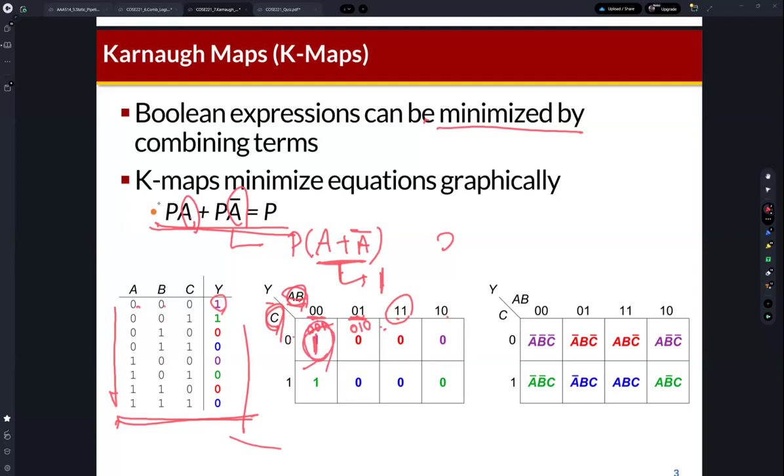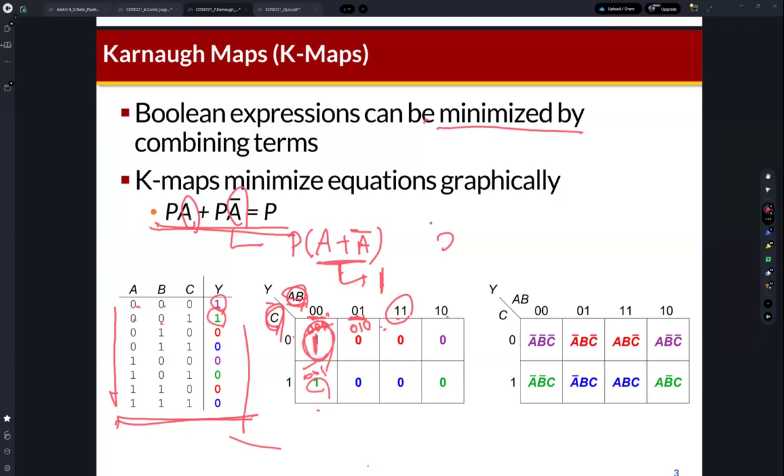Then this is 001, and the output is 1, so we write down 1 in this element.